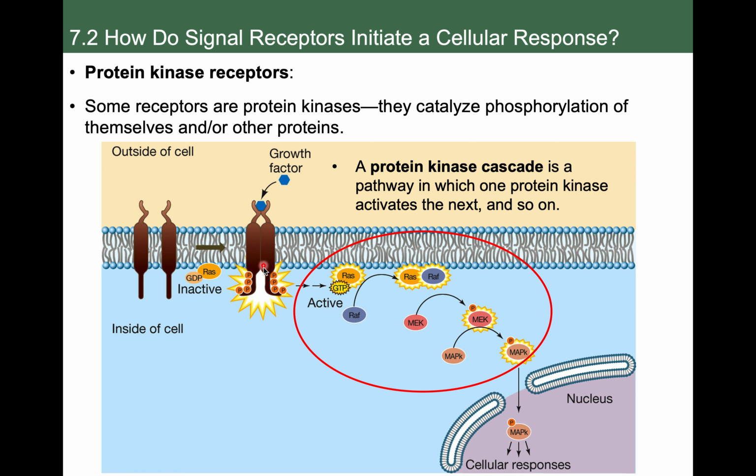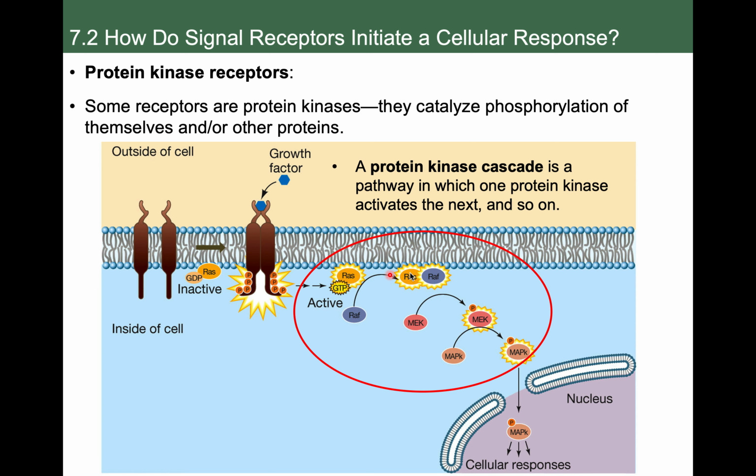So our protein kinase receptor then activates this protein called RAS, and you don't have to memorize all these names. RAS activates another protein kinase called RAF, which can then phosphorylate another protein kinase called MEK, which can then phosphorylate another protein kinase called MAPK, and so on. So you get this passing of that phosphate baton through this phenomenon that's called a protein kinase cascade.